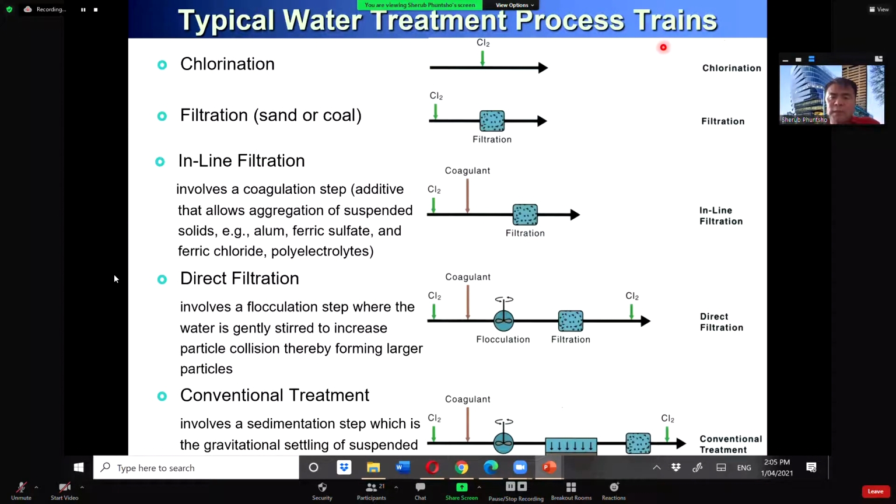You don't have to have that kind of thing. You just do inline coagulation. You just put the chemical coagulant here, and then that will go to the filtration, and then it will remove the particles. It becomes safe water to drink. And direct filtration involves addition of coagulant, rapid mixing, and then sand filtration.